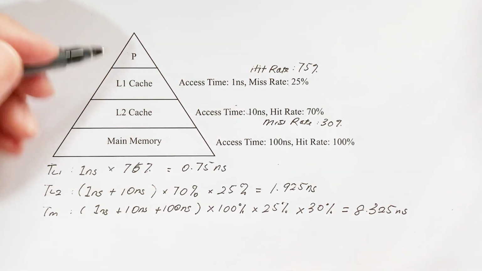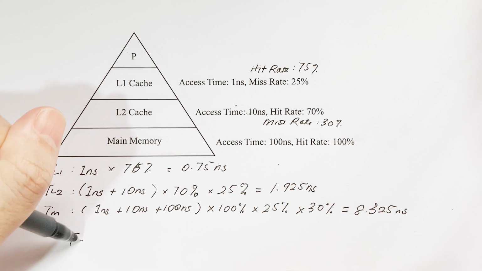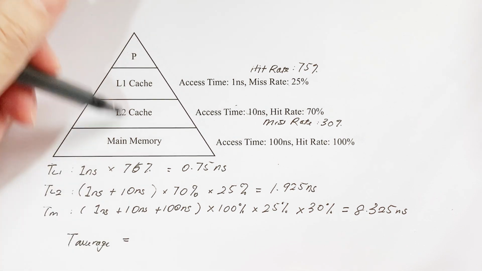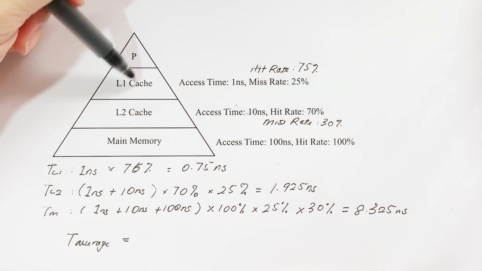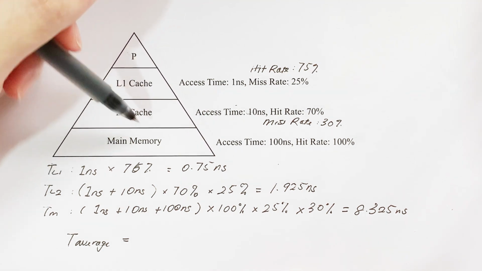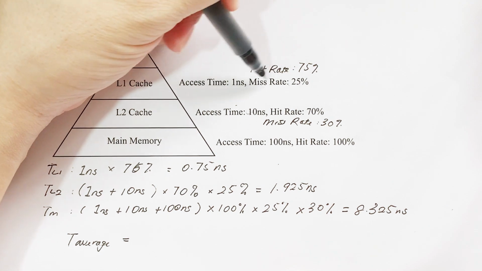So with this system that we have, we could calculate the average time when a processor requires data. The probability of the data being available in the level 1 cache or level 2 cache memory is calculated based on the hit rate and the miss rate.